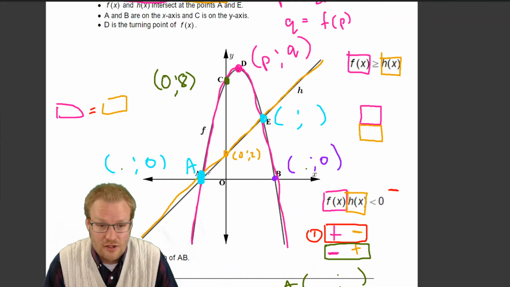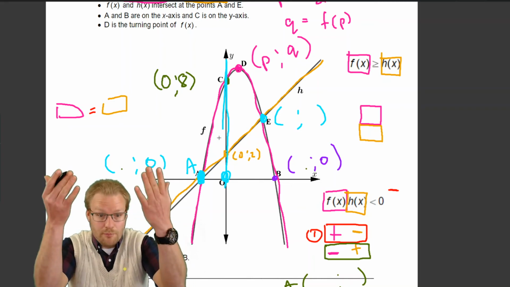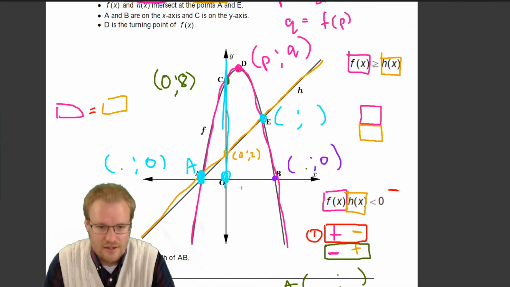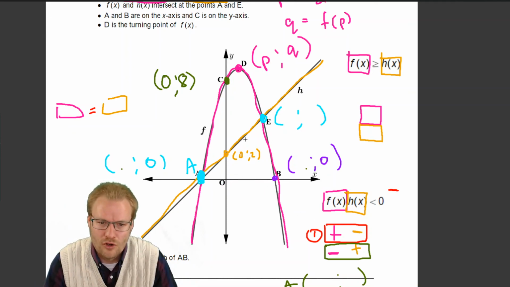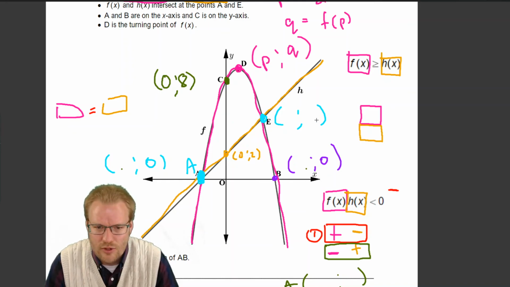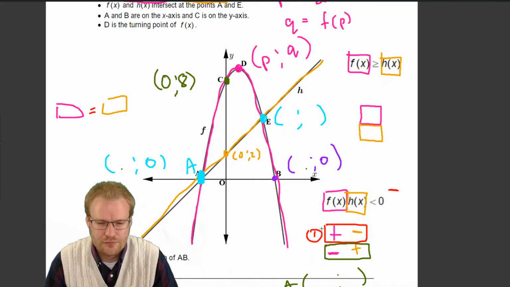What about over here, like at 0? If we look straight up, both of them are positive, right? Both of them are above the x-axis. So that's not the case. So that's what we're trying to look at. Or keep going along. At what stage is the one positive and the other negative? It's useful looking at both of these.